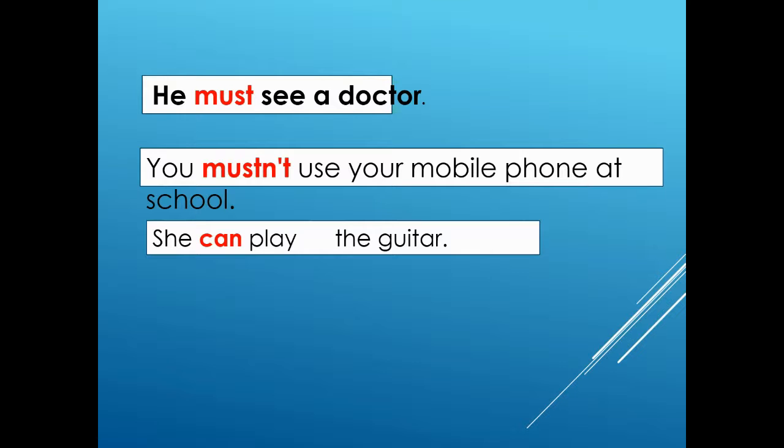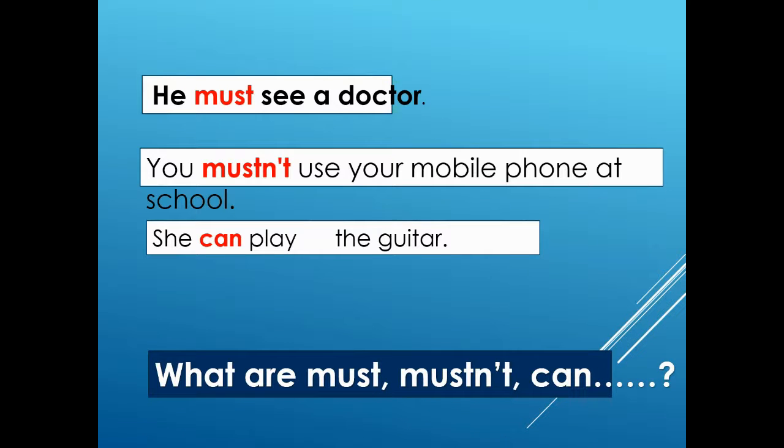As we said, must expresses obligation, mustn't expresses prohibition, and can expresses ability. Now, what are must, mustn't, and can? They are modals.